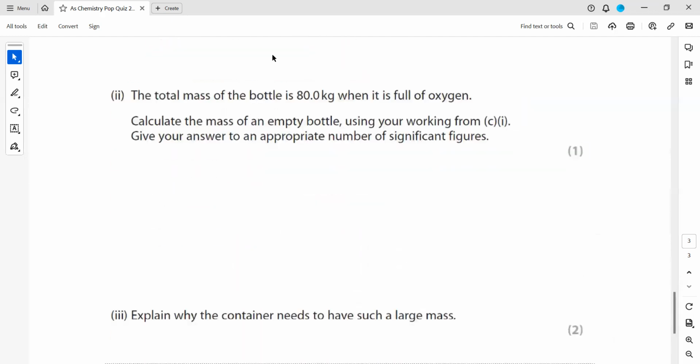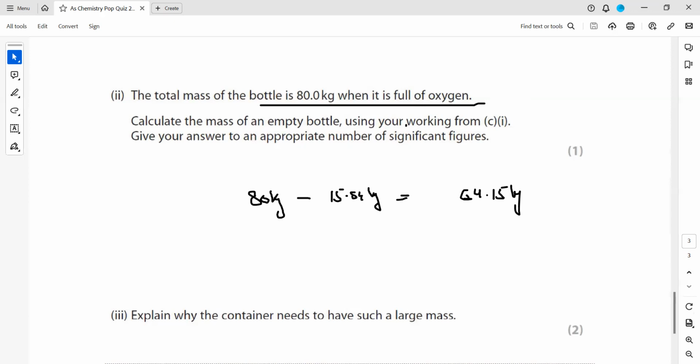So when you subtract the mass of oxygen, which is 15.84, you will get the mass of the empty bottle, which is 64.15 kg, or 64 kilogram.